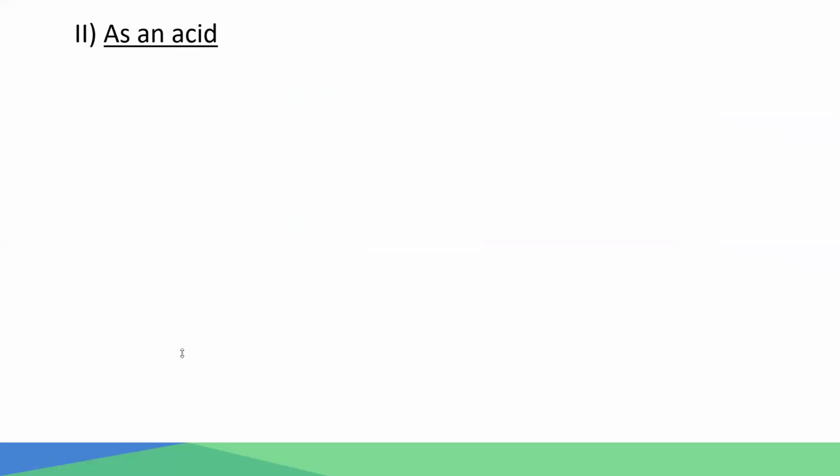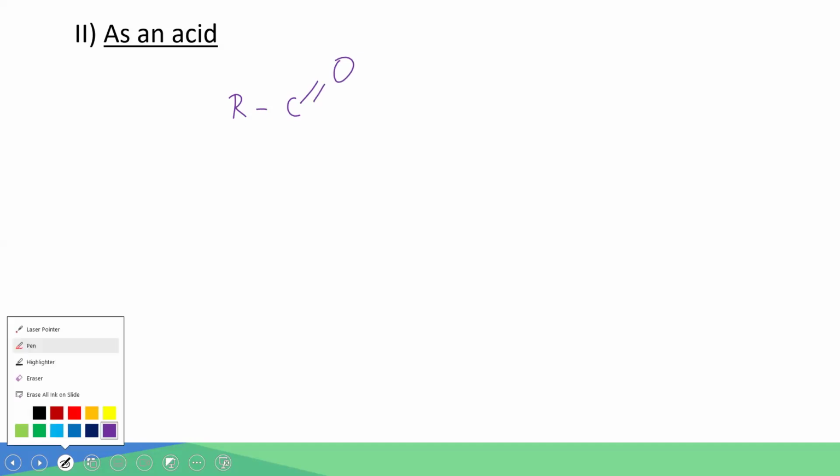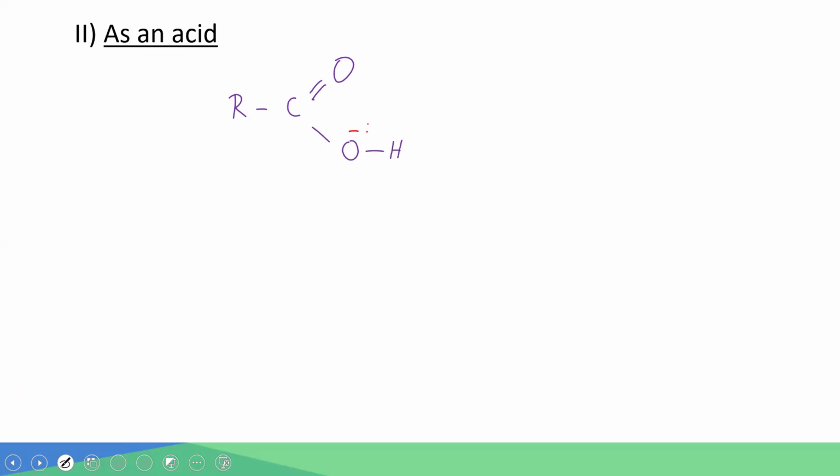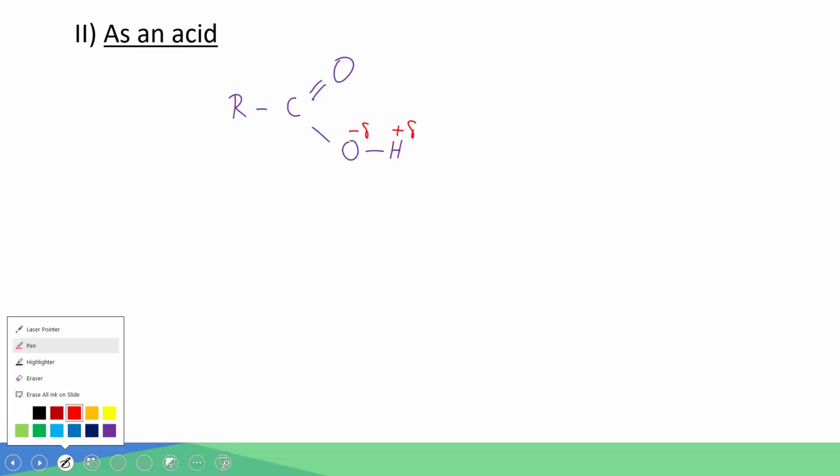Now, please give the heading as an acid. Carboxylic acids are weak organic acids. I have made it like this. Please give the heading as an acid and copy this information with me. This is the template of how a carboxylic acid will enter into the reaction.